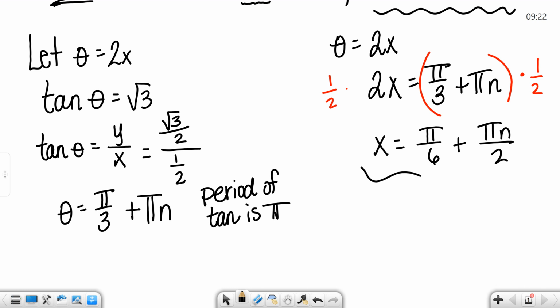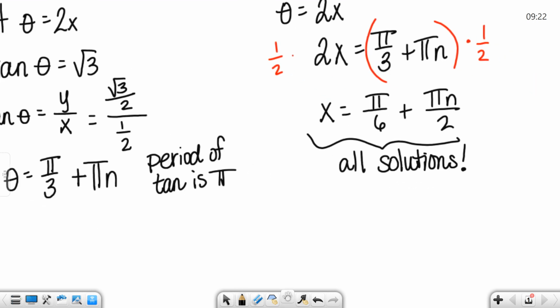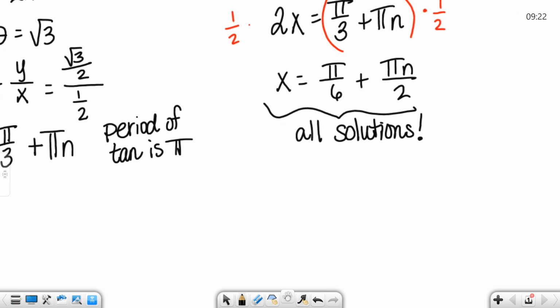So this right here, what I have found is all solutions, which is not what the directions asked for. However, in order to find the ones in the range that they asked for, it's really easier to find all of them and then plug in values for n to make sure that I stay in this range.